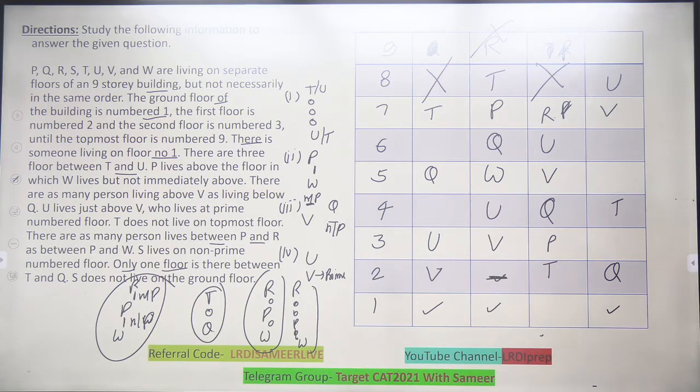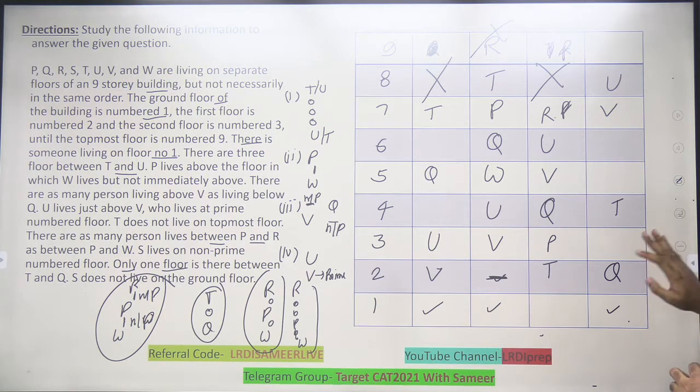To satisfy this condition that the number of people below V and the number of people above Q should be the same, I know that one person is definitely living over here. If one person is this, right, and V is the second person, then below V I have 6 persons, right?